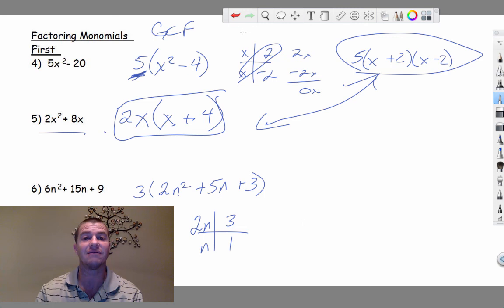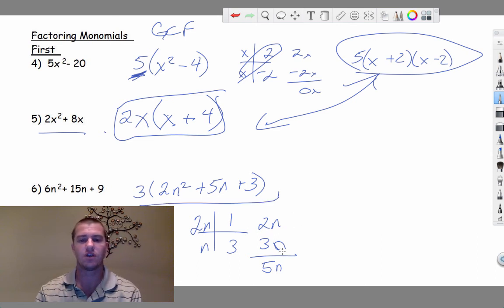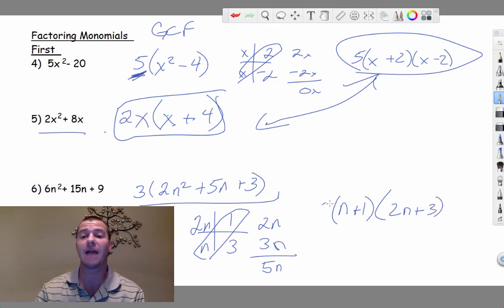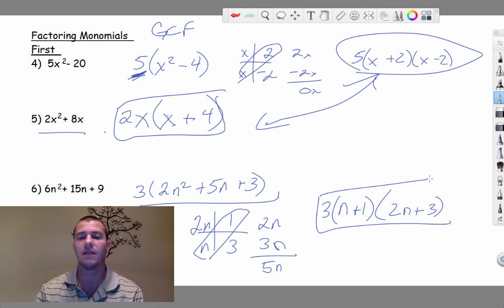They're both positive. Double check that. I don't want to subtract them. So flip them. 1 and 3. That's going to be 2n plus 3n adds up to 5. Yay! So I have n plus 1 times 2n plus 3, and that's going to be my factored form. Wait, I've got to put that 3 that I factored out at the beginning. Now that's my factored form.